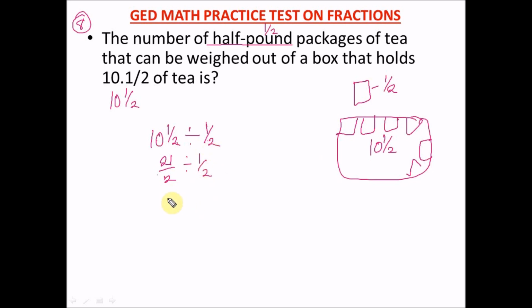You just flip it. Okay, so we have here 21/2 times, bring 2 up and take 1 down, so we have 2/1, where this 2 would cancel out this 2, and we're left with 21. So we're going to have 21 half-pound packages of tea from a box of 10.5 tea. So this is the answer.